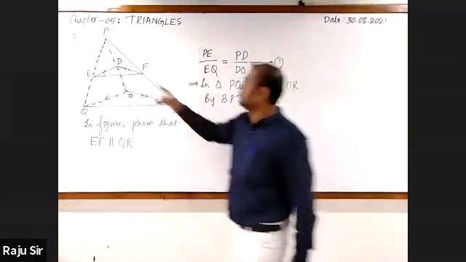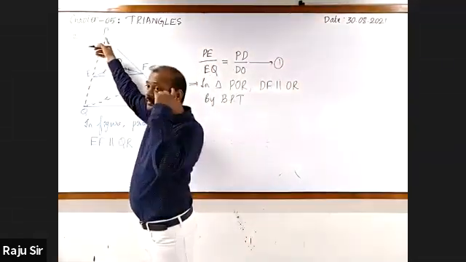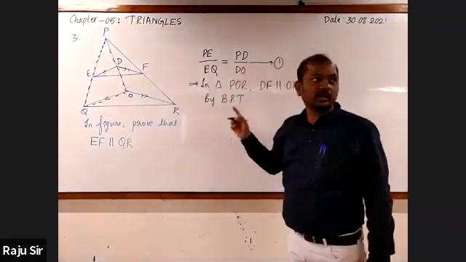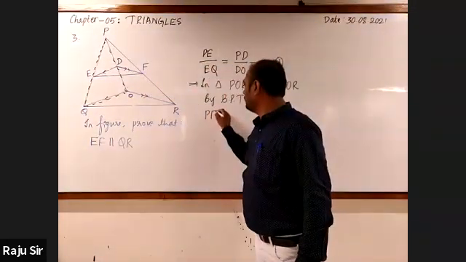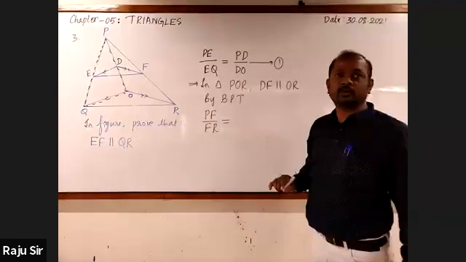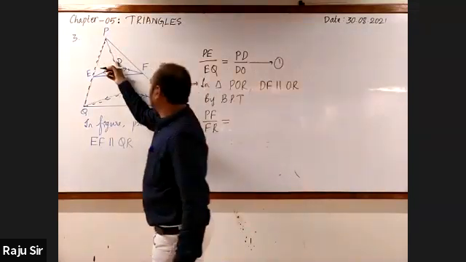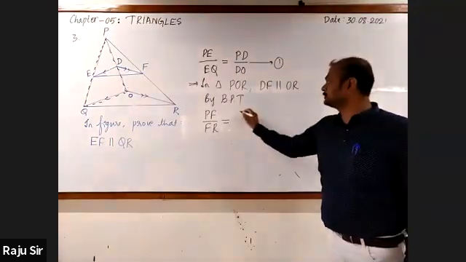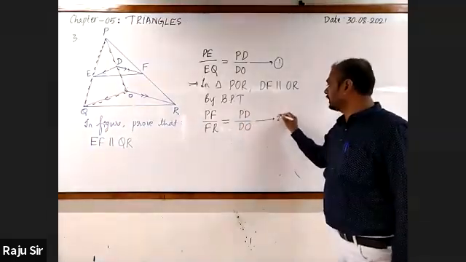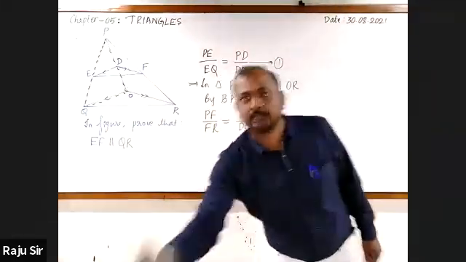According to BPT, we may write it as PF by FR is equal to PD by DO. Call it statement 2.